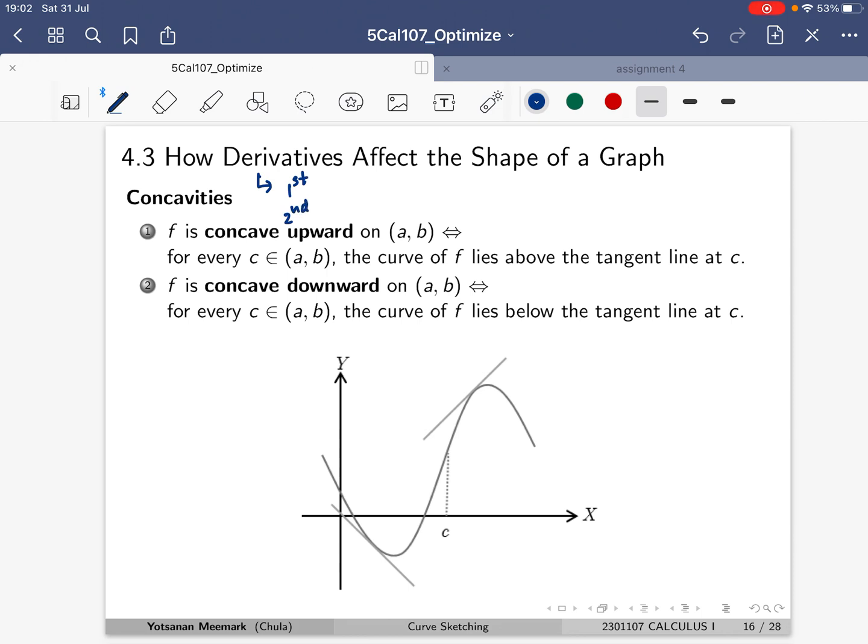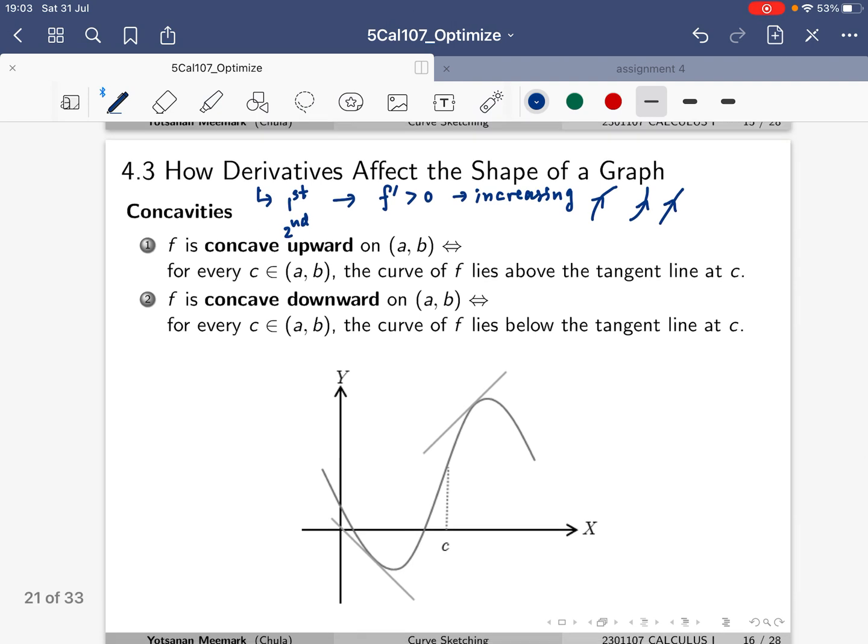For the first derivative, we already saw that if your f prime is positive, then the function is increasing, and by increasing, the graph will go up. It may look like this, or like that, or it can be a straight line going upward.